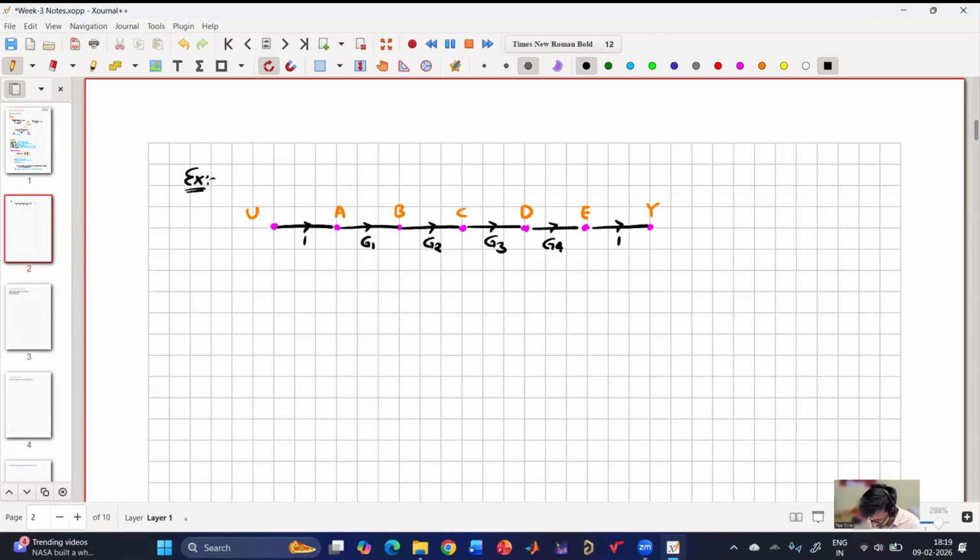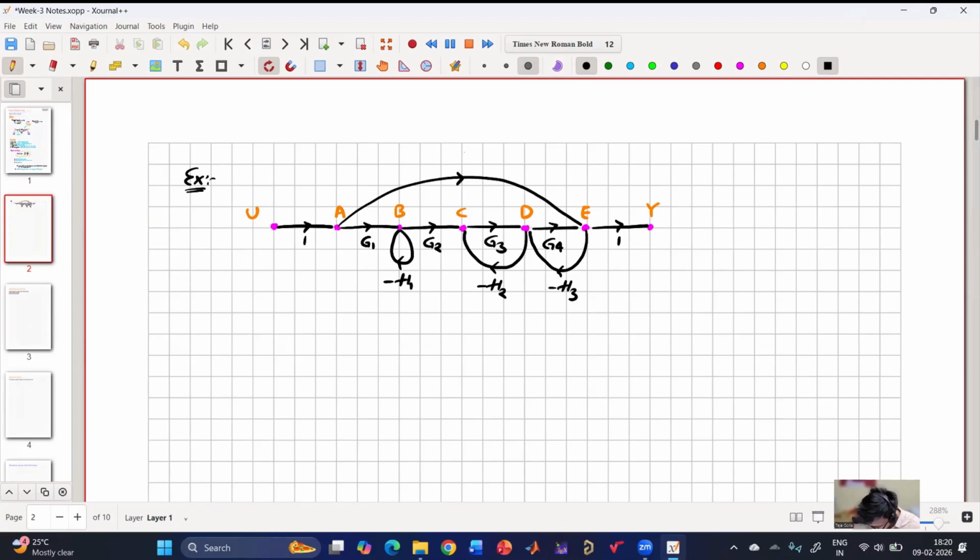And then there is minus H1, minus H2 from D to C, and E to D, minus H, and then A to E, G5.